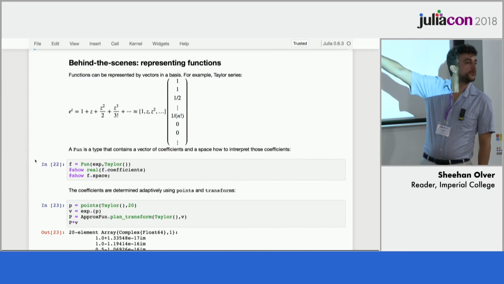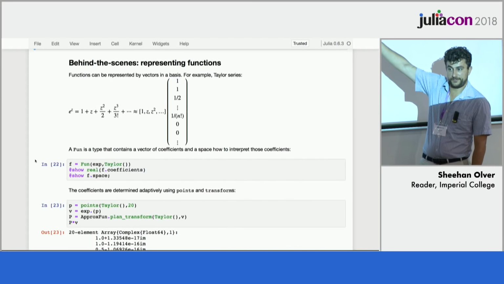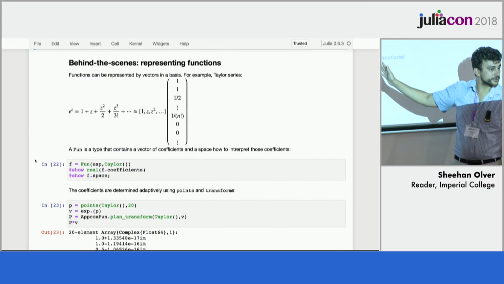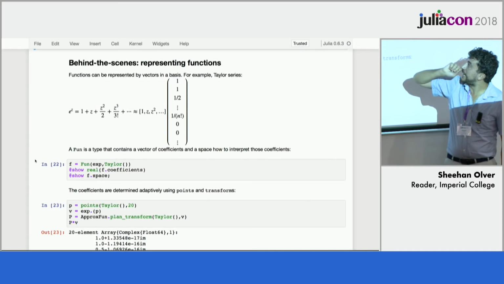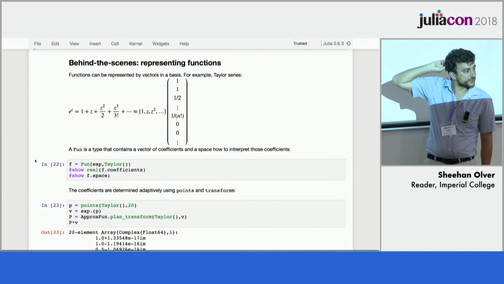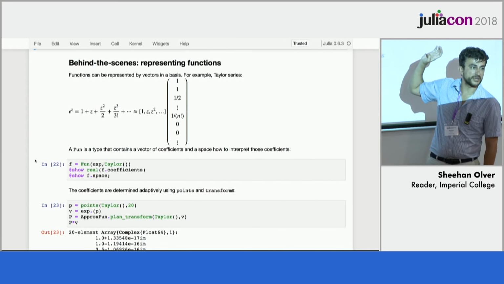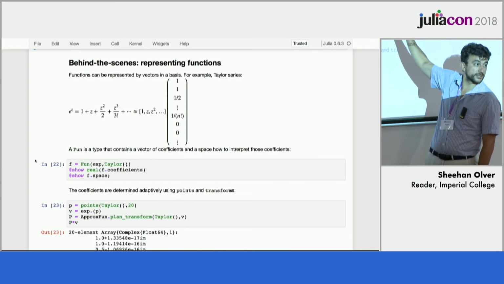Well, 1 over n factorial decays very, very quickly, so this function is equivalent to an infinite vector where we interpret the coefficients of that vector as being coefficients in this basis, and because it decays, we can truncate it and therefore represent the function e to the z by a finite dimensional vector.